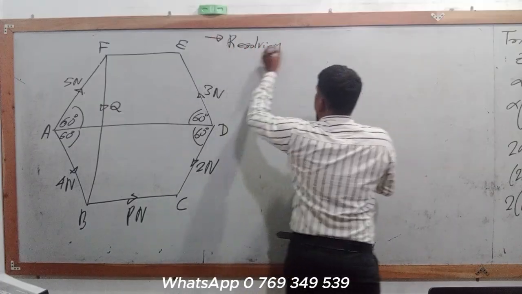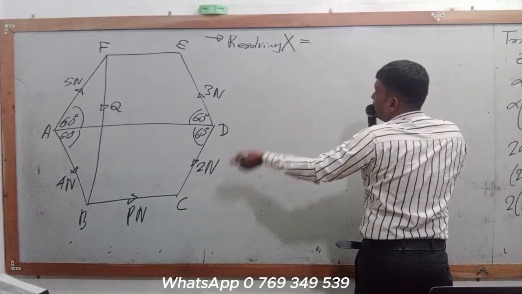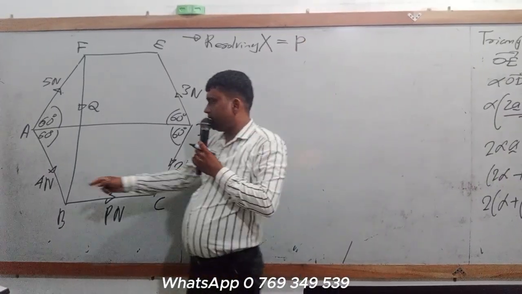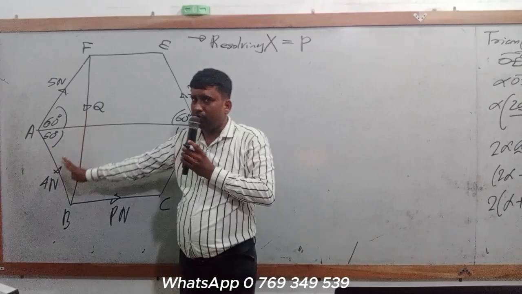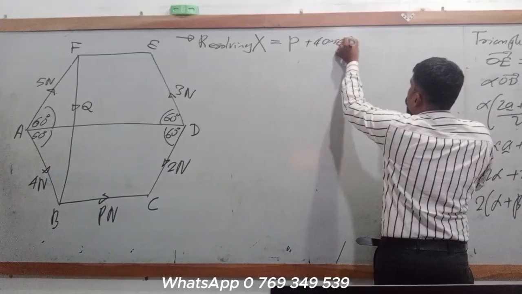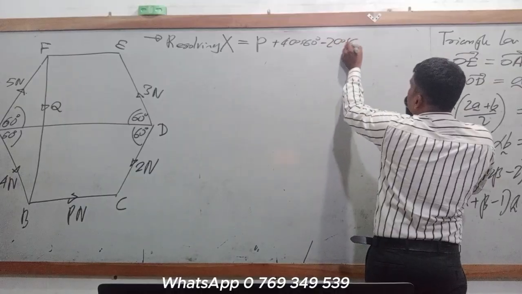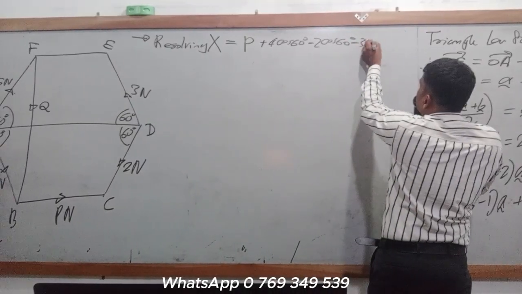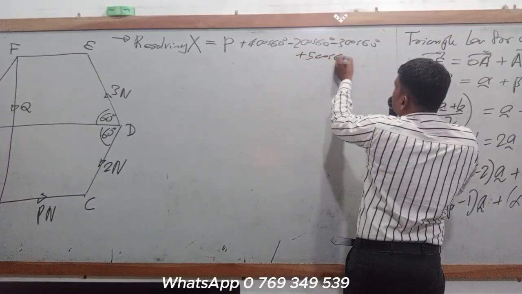Resolving this side, we can take X. First, we take P directly, and the first one is this one. Next one, 4 cos 60, plus 4 cos 60, minus 2 cos 60, minus 2 cos 60, minus 3 cos 60, minus 3 cos 60, and again plus 5 cos 60.